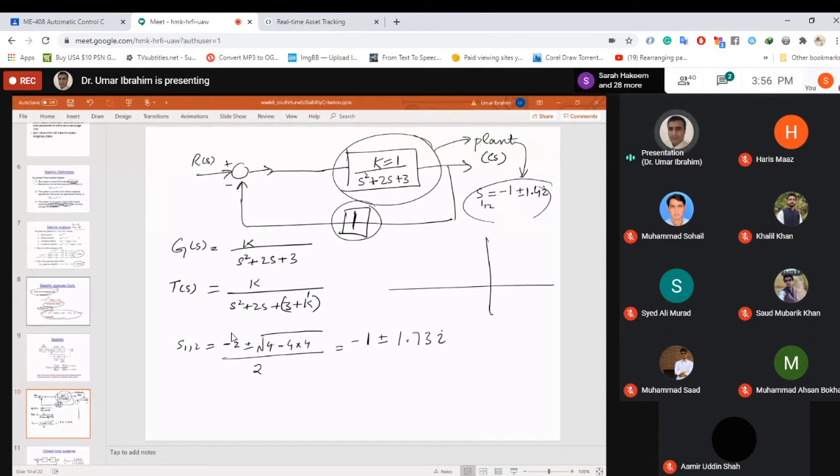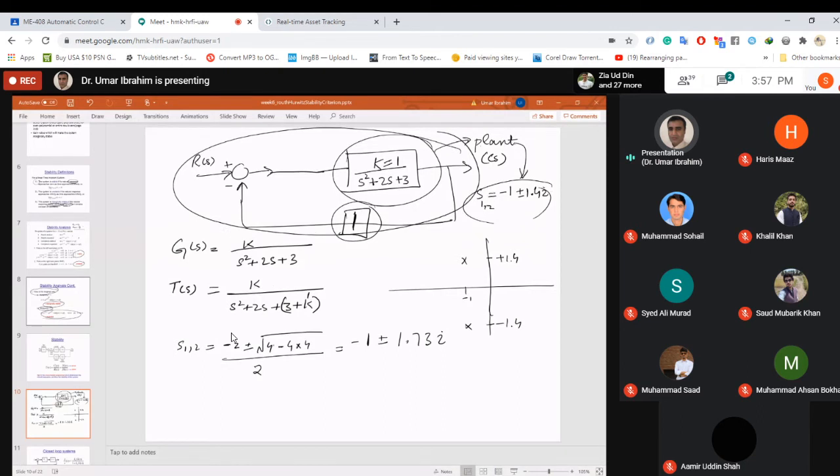Plant के roots कहाँ पे? If I plot both of them, plant के roots जो हैं -1 और -1.4 पे, ठीक है. These are the plant roots. जबकि इस पूरे सिस्टम के पोल्स कहाँ पे हैं?